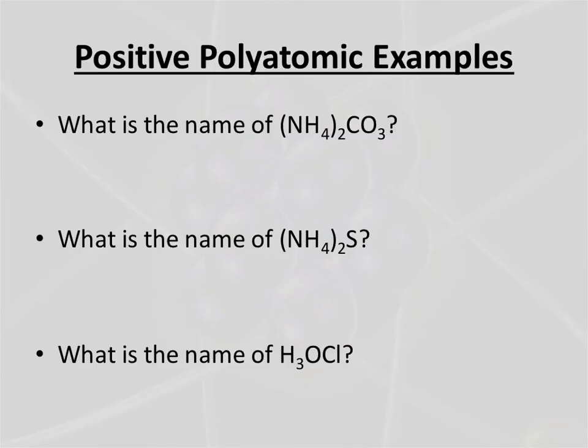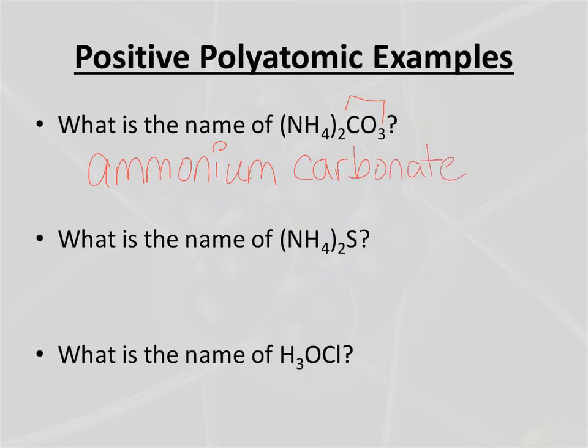So for example, we have NH4. NH4 is ammonium, so I'm going to write ammonium. All right, and it ends in a polyatomic, CO3. So I'm going to write the name of that polyatomic, which is carbonate. So ammonium carbonate.